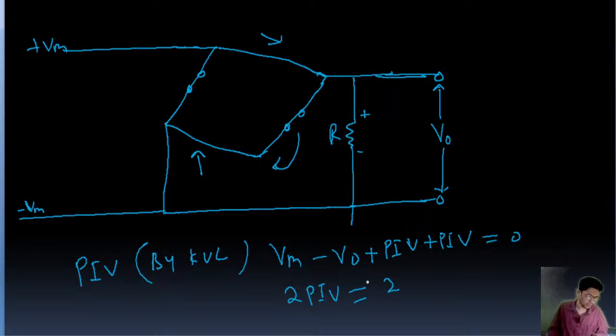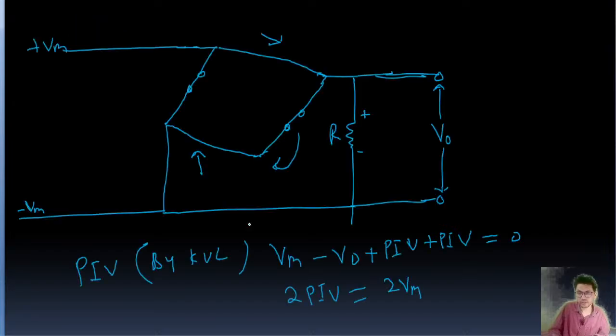Any mistake we are making? V0 equals this one, so PIV is going to be Vm.